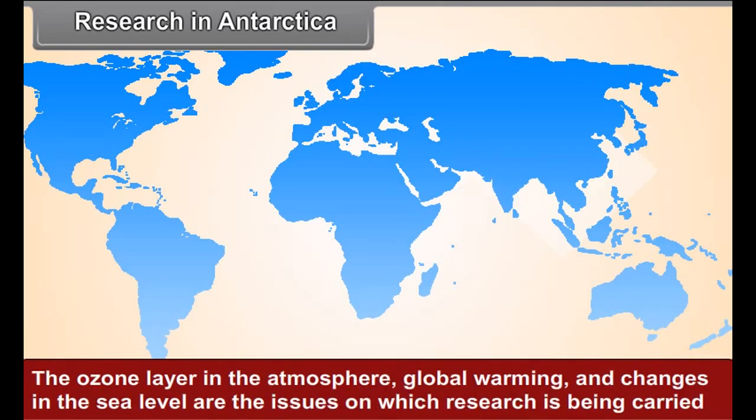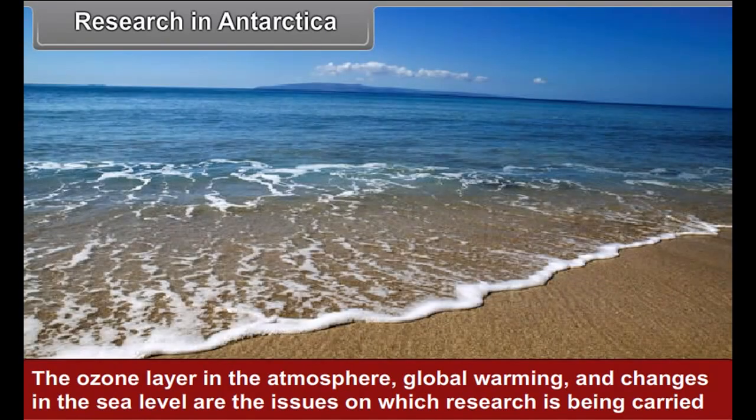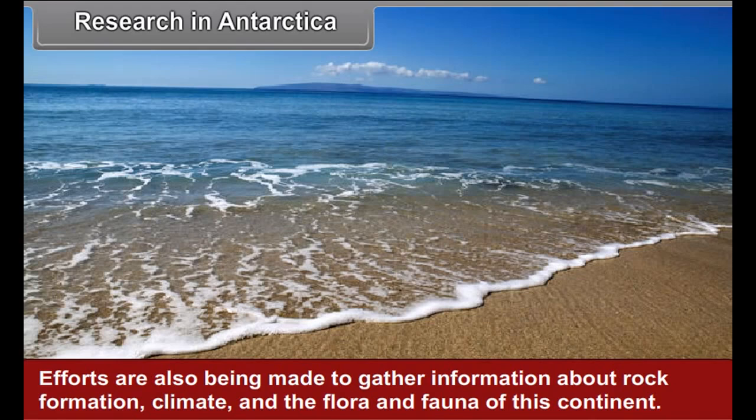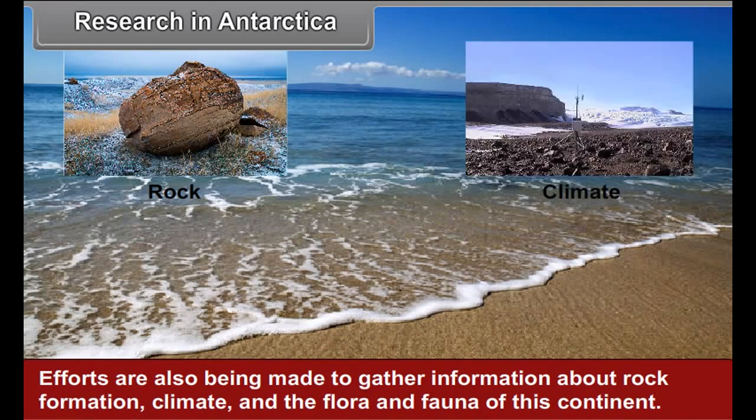The ozone layer in the atmosphere, global warming, changes in the sea level are the issues on which research is being carried on in particular. Efforts are also being made to gather information about rock formation, climate, and the flora and fauna of this continent.